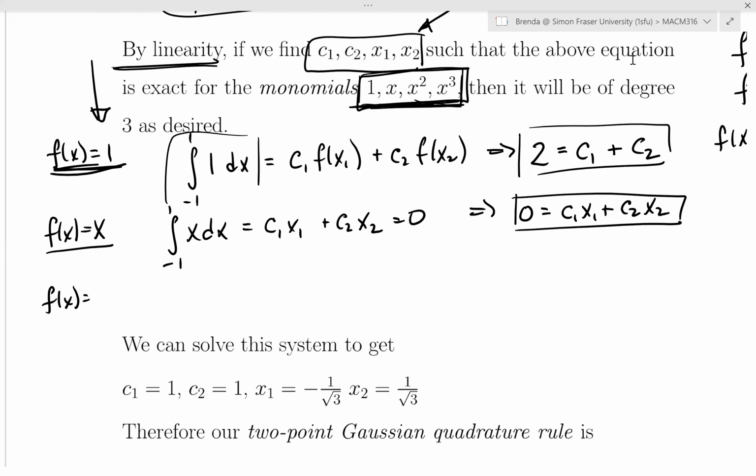Keep going. F of x equals x squared. I'm going to take the integral from -1 to 1 of x squared dx. I'm going to say that has got to be equal to C1 times x1 squared plus C2 times x2 squared. And that has got to be equal to what? What is the integral from -1 to 1 of x squared?